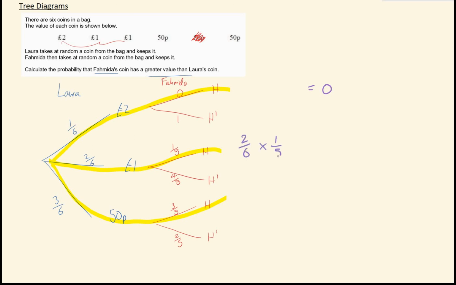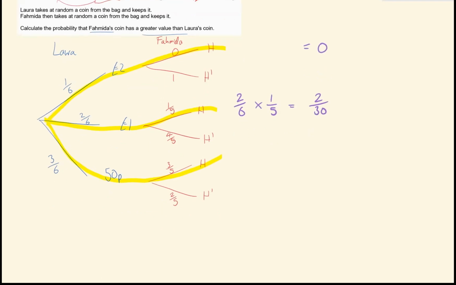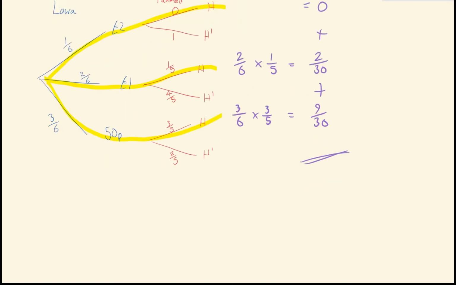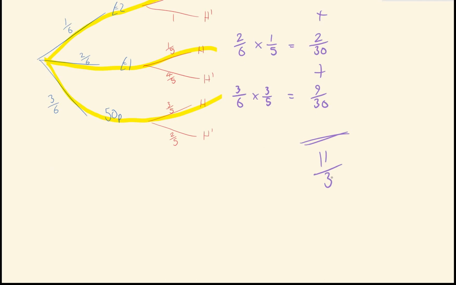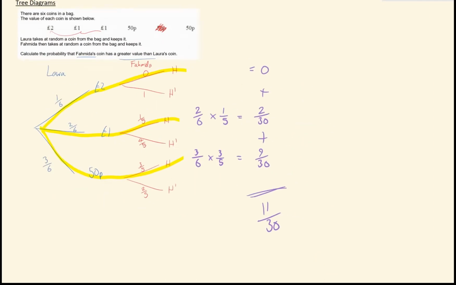So this is 2/6 times 1/5, which is going to be 2/30. This is 3/6 times 3/5, which is going to be 9/30. Now I've got all these separate options that Famida can get a coin with a greater value. To combine those, we just add these 3 probabilities together. So the overall probability is going to be 11 out of 30.